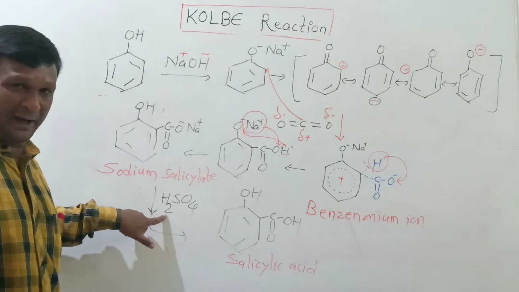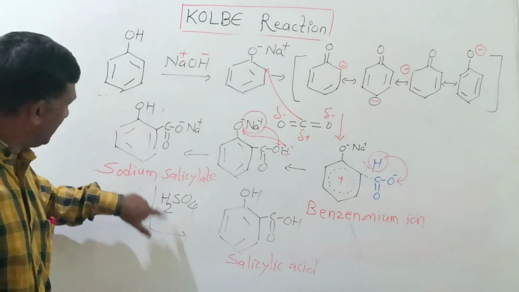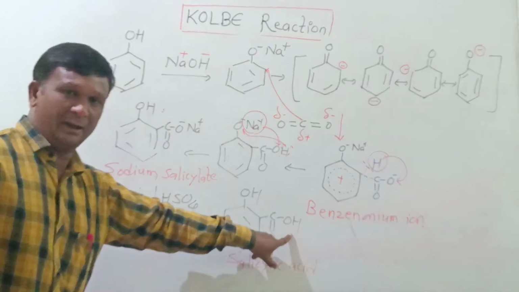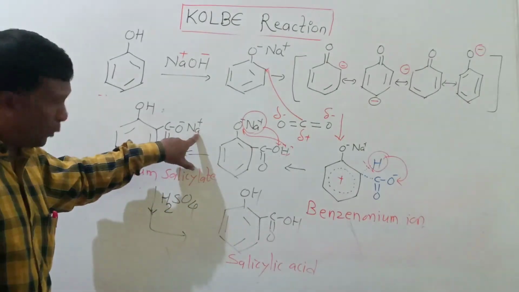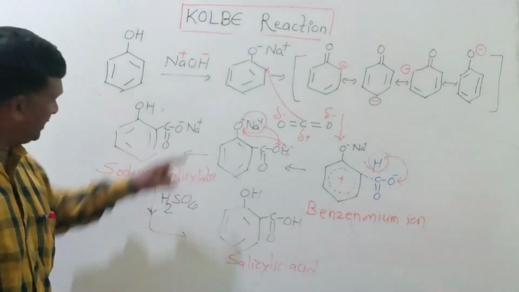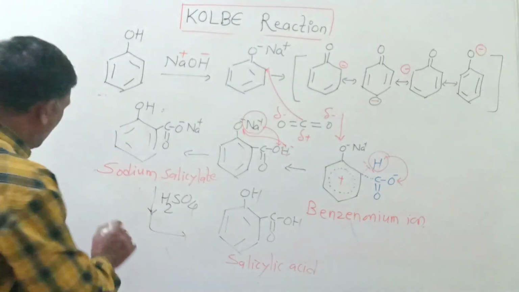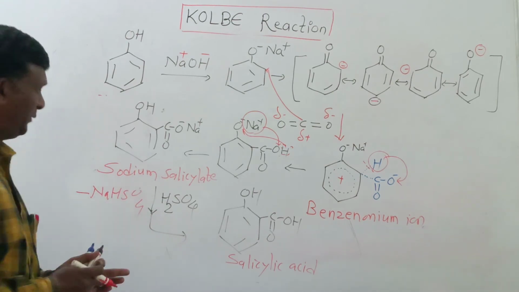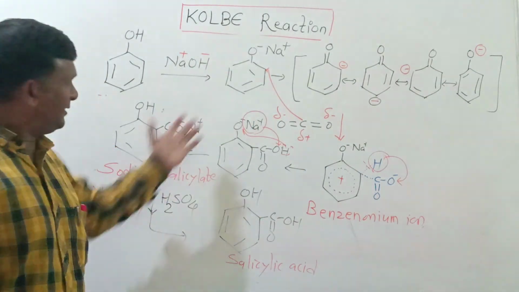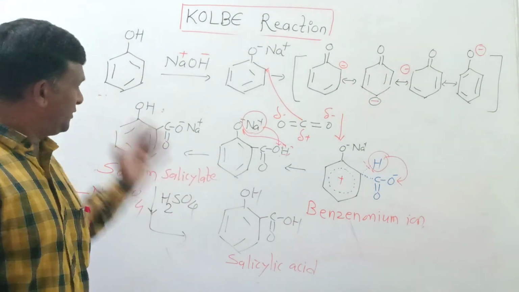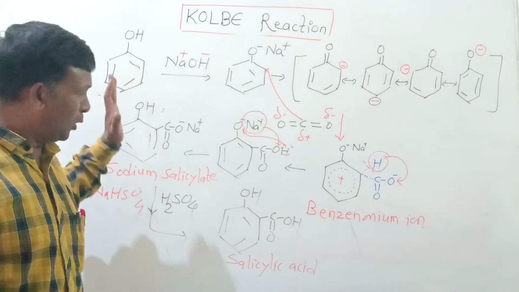So this H plus ion given by sulfuric acid will migrate over to the carboxylate ion to make it a free COOH. The sodium liberated from here will make an ionic bond with the bisulfate ion. So here it is removal of sodium bisulfate. So this is the simplified mechanism for preparation of salicylic acid from phenol.